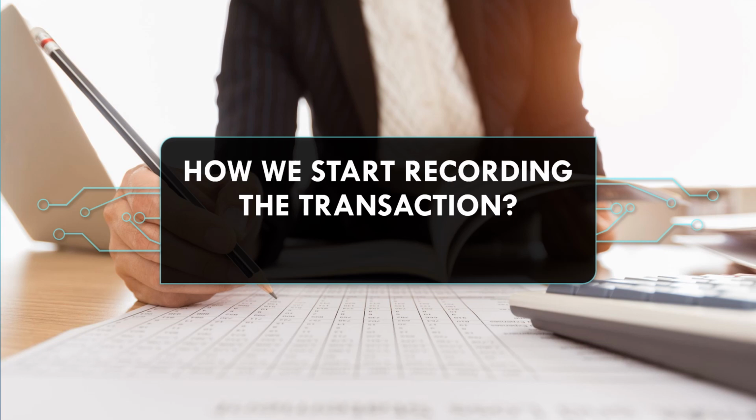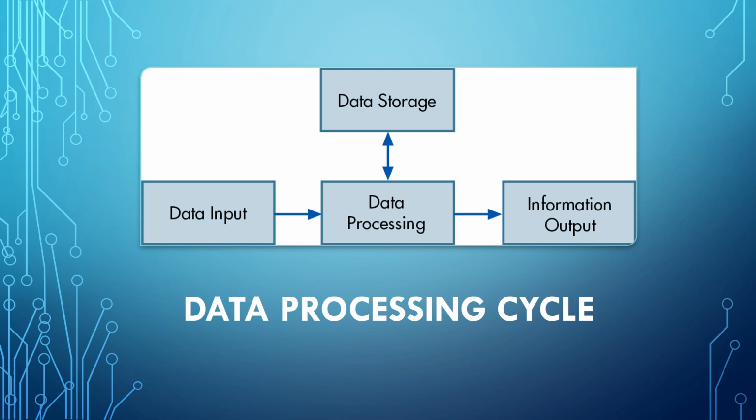As simple as that. Let's discuss it in more detail in a short while. We will try to explain the recording of transactions based on the data processing cycle. Remember, we are now talking about the system, accounting information systems.